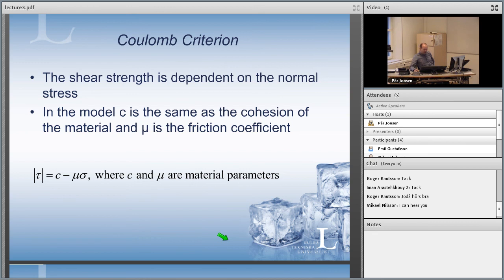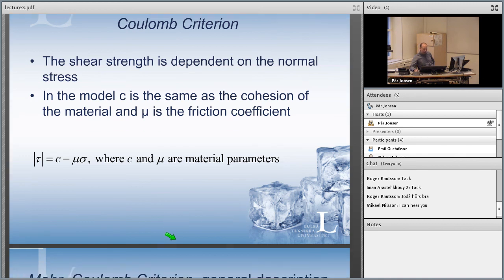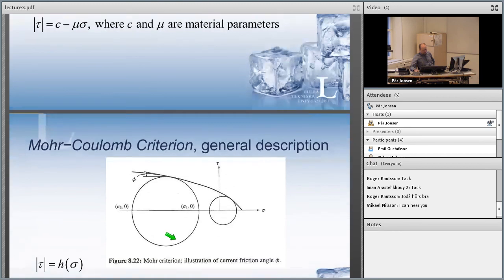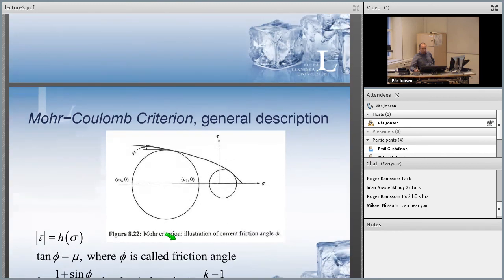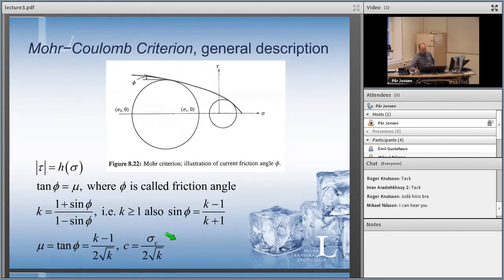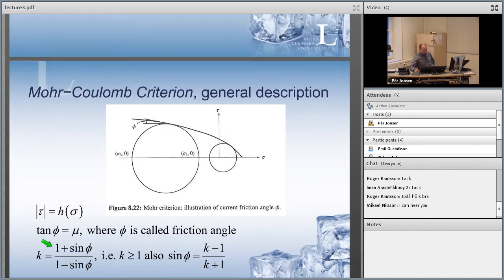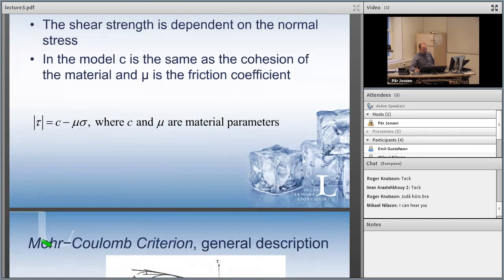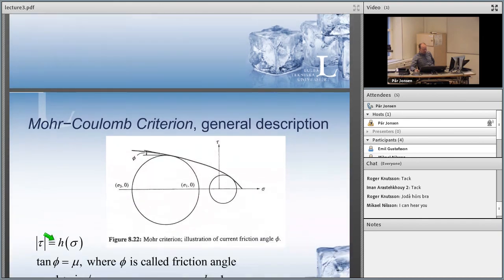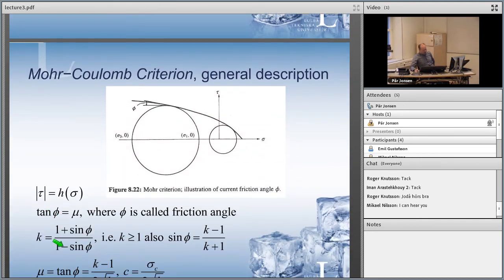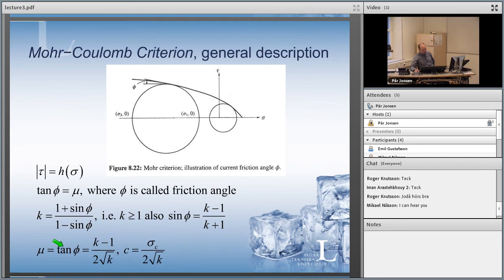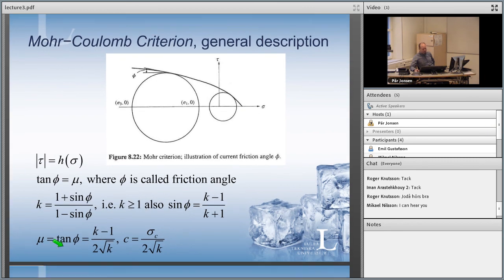But they tested this a long time ago, and they saw that this model was maybe not the best one. So they put up a nonlinear model, a more general model with the Mohr-Coulomb criteria. So it's a combination of the Mohr and Coulomb where you have a nonlinear envelope here. Instead of putting exactly this linear relation that you had here, you just put an arbitrary function, h, which is dependent on the stress condition.